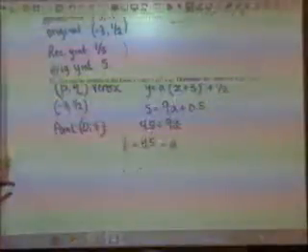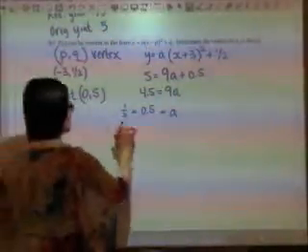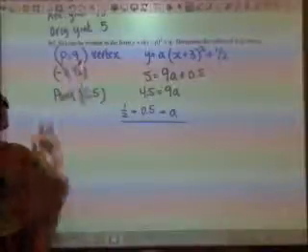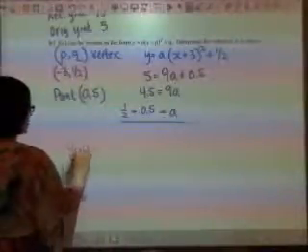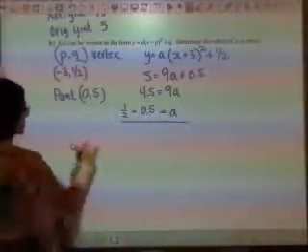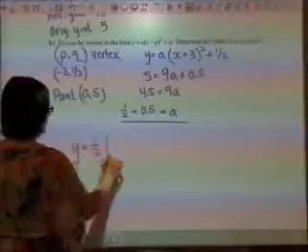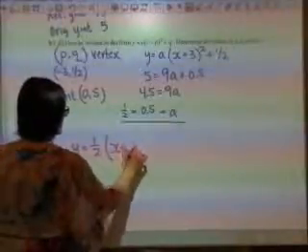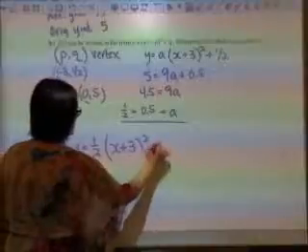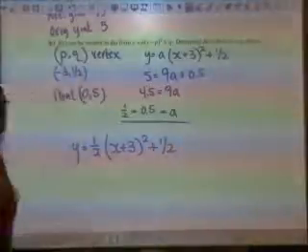So then my final equation would be to take the value of a and p and q and put it all together. So I get y equals 1/2 times x plus 3 squared plus 1/2.